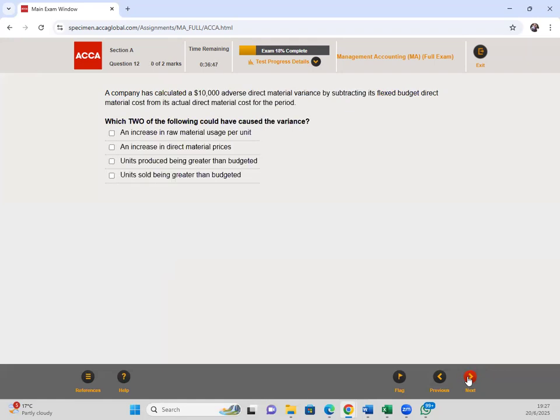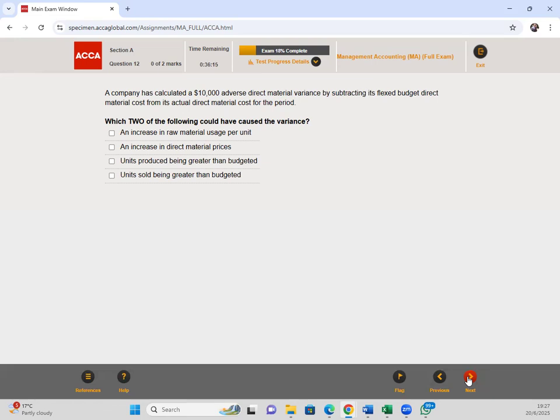A company has calculated 10,000 adverse direct material variance by subtracting its flexed budget direct material cost from its actual direct material cost for the period. Which two of the following could have caused the variance? So we have adverse material variance.